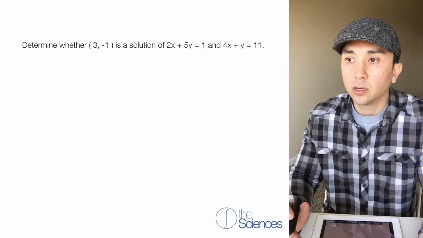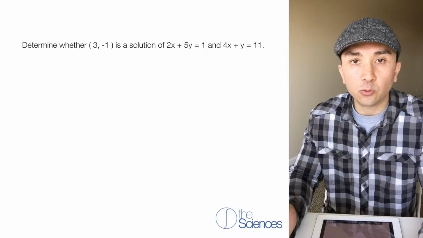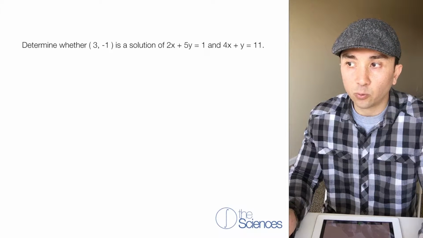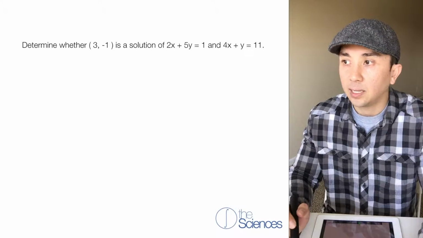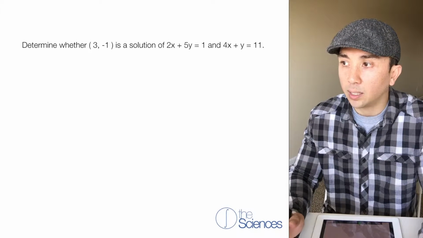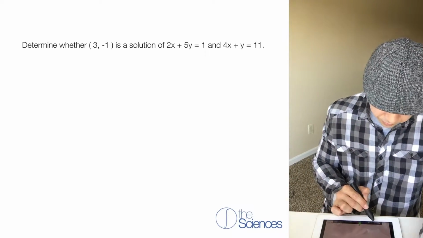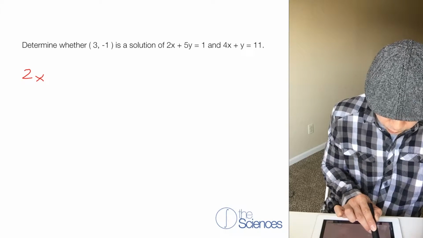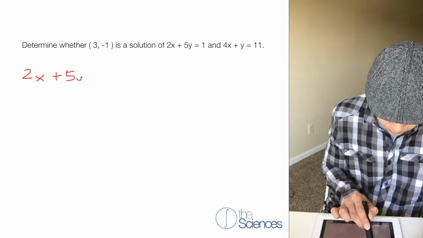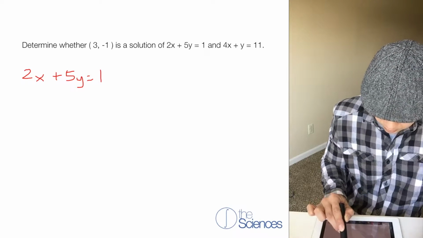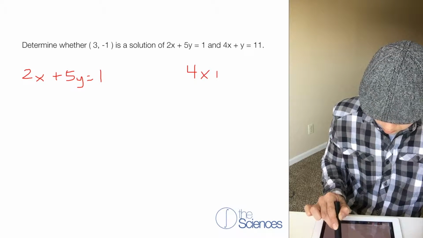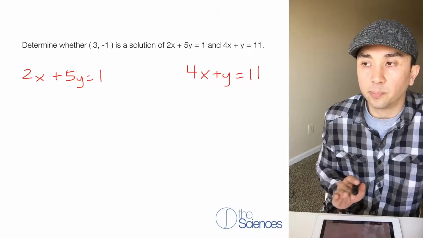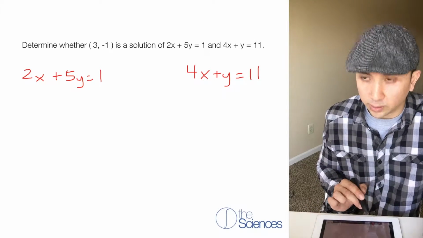Determine whether the point (3, -1) is a solution of 2x plus 5y equals 1 and 4x plus y equals 11. So all you're going to do is rewrite these two equations, and then substitute the point into the equations.